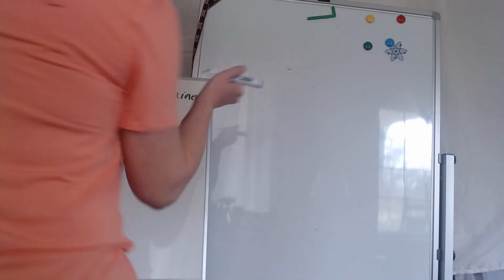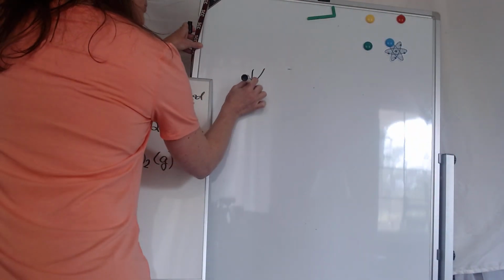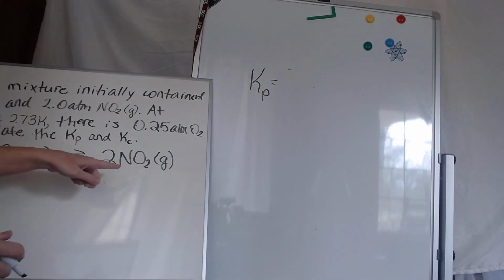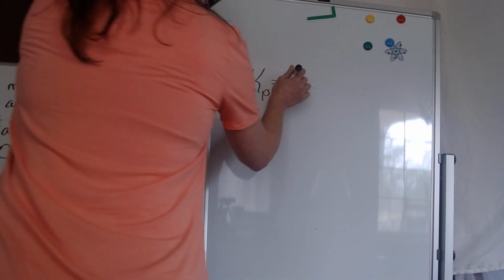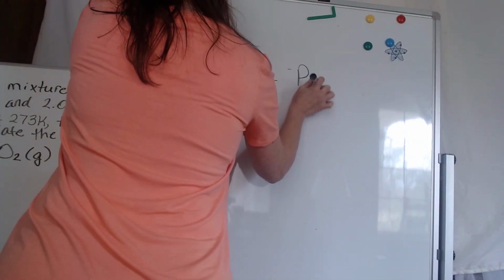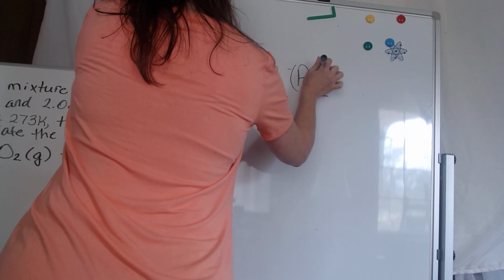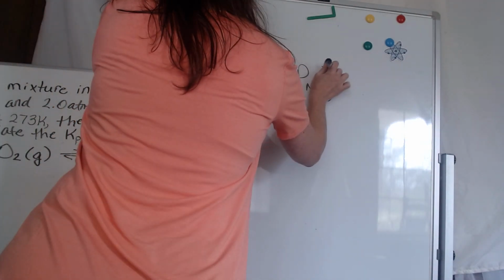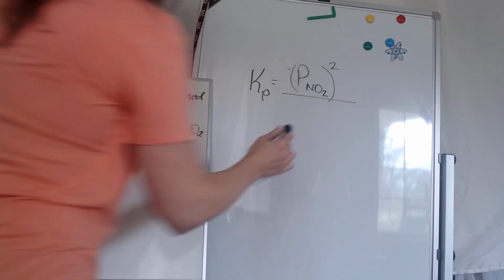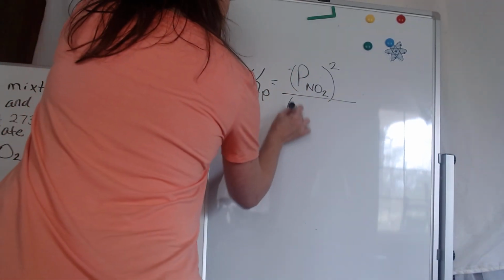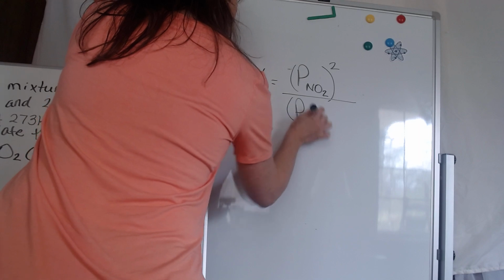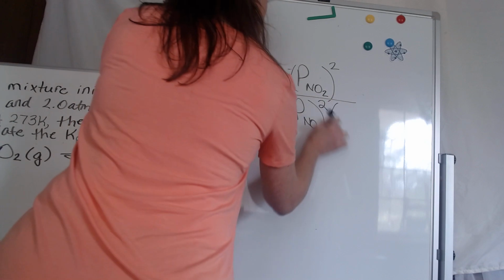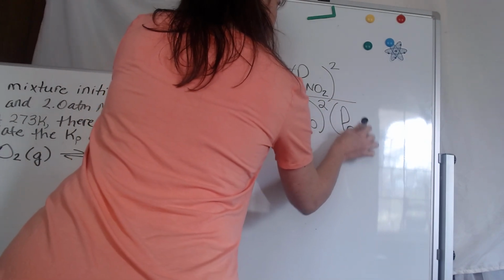And so the Kp expression will be your products, which are NO2, so the pressure of NO2, and its coefficient is a 2, so you're going to square that. And then the reactants are NO, so the pressure of NO, and its coefficient is 2, so it's squared, and then times oxygen, so the pressure of oxygen.